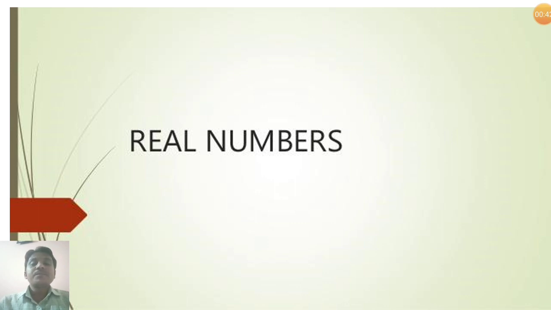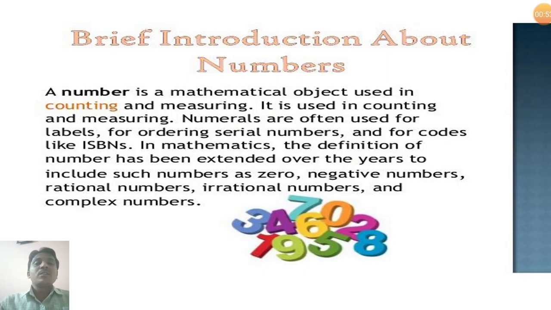Dear students, in your previous class and in your junior class also, you have learned so many types of numbers. Now, we have to learn a brief introduction about numbers. A number is a mathematical object used in counting and measuring.